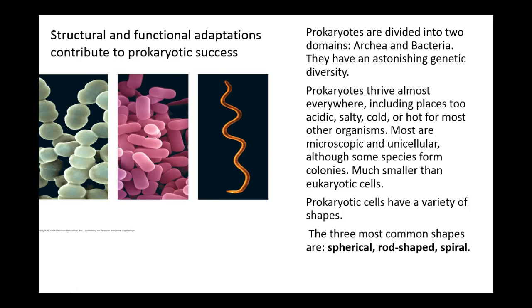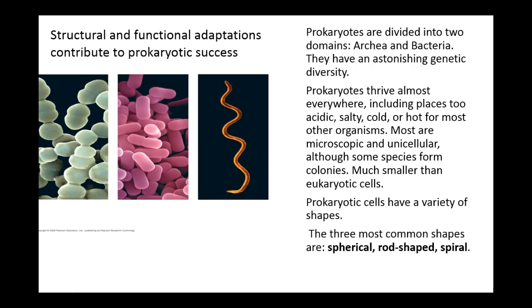Prokaryotic tend to not have membrane-bound organelles. They tend to be smaller. They tend to have a less complex genetic makeup, which we call a genome, so a less complex genome than eukaryotic cells.